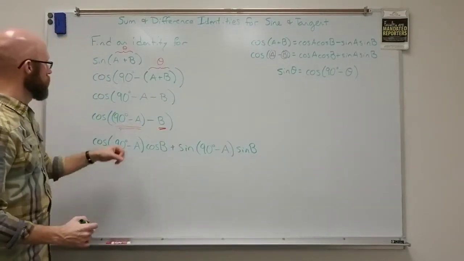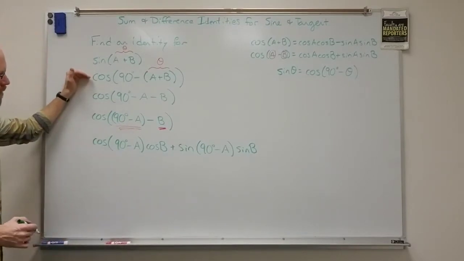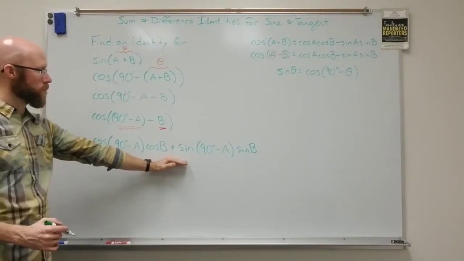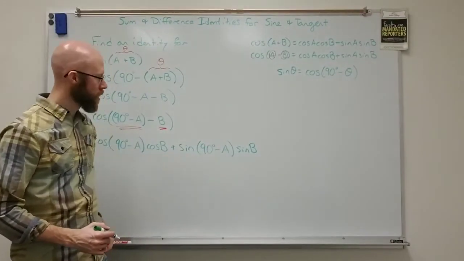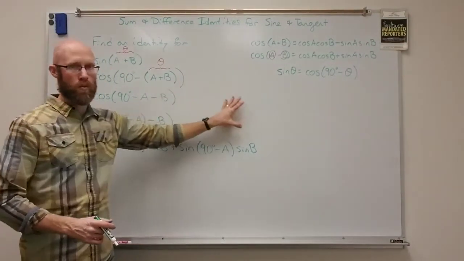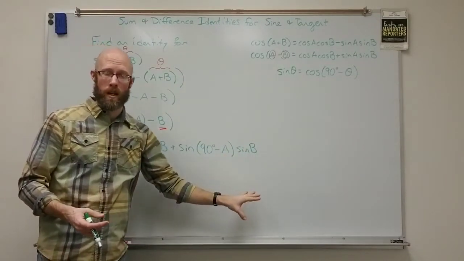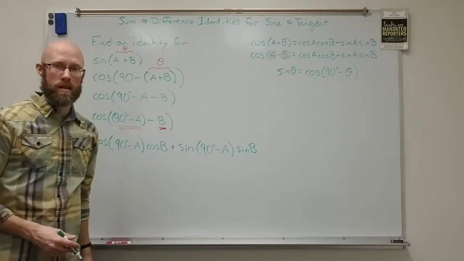So we used a cofunction identity up here, did a little bit of algebra, and then utilized the difference identity for the cosine. I'm not writing all the rationale out to the side, but we could do a two-column proof sort of idea here as well. I'm just verbalizing it to you as we go.